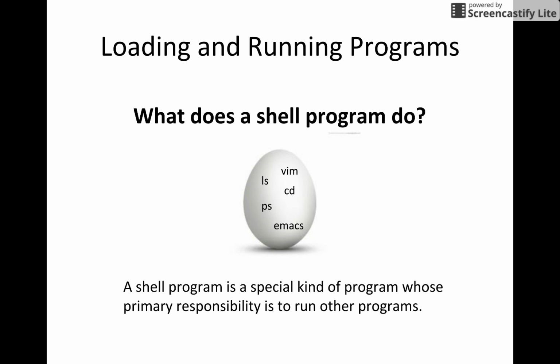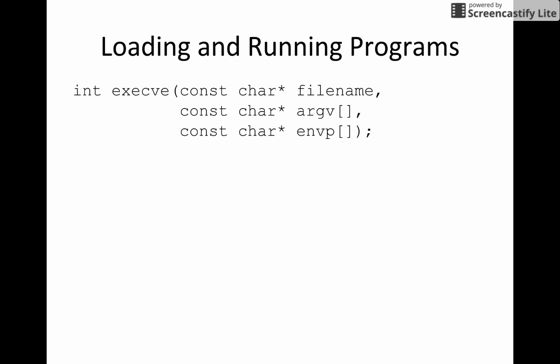It turns out that the shell is a special type of program. It's a program designed especially for running other programs, which is rather interesting versus other types of programs that you might interact with. The way we do this is to use a function called execv. Execv takes 3 arguments. The first 2 we are familiar with. They relate to the arguments that main is provided.